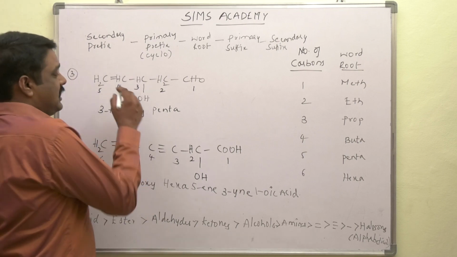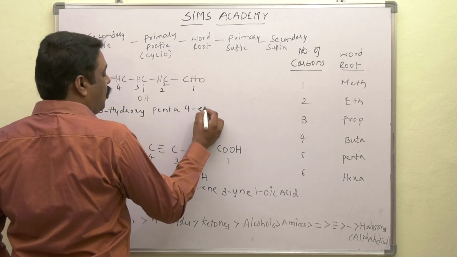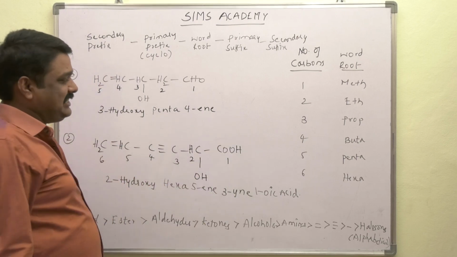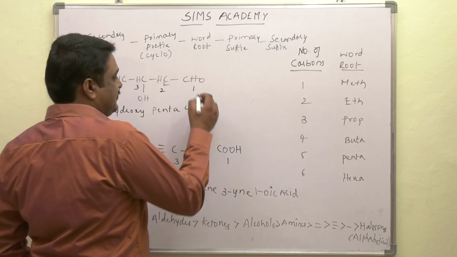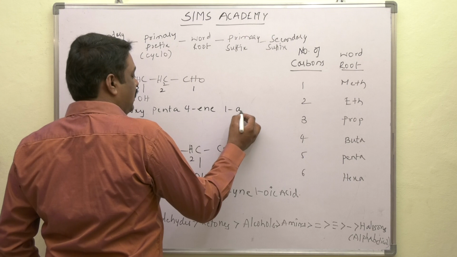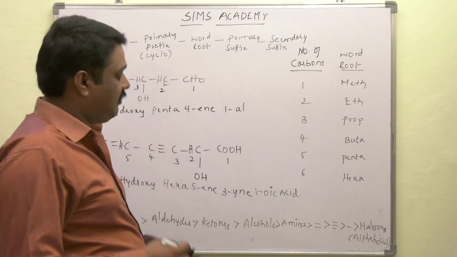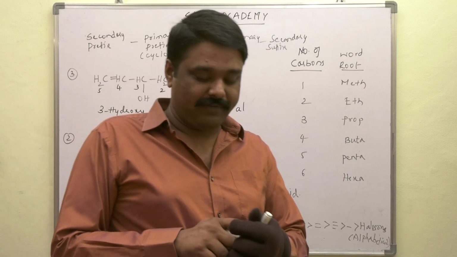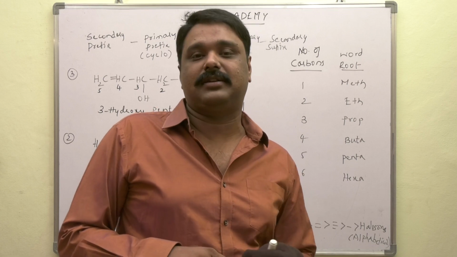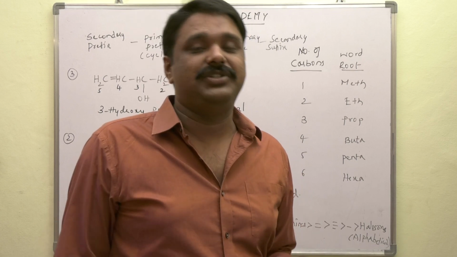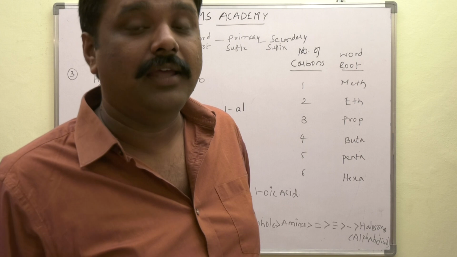Double bond in the sense we need to mention it as 4-ene, and at first place we have this aldehyde group. When we write the aldehyde in case of suffix, we mention it as al.